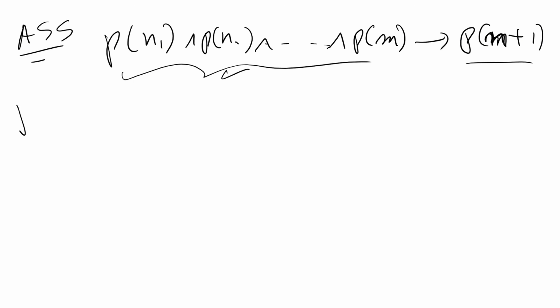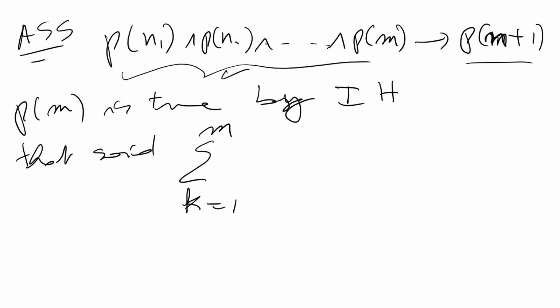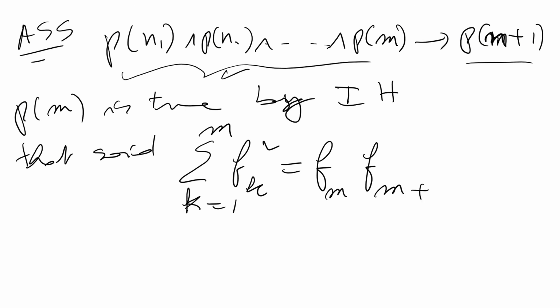So I'm going to assume that p of m is true by the inductive hypothesis. That means we are saying that the summation of k equal to 1 up to m of f k square equals f m times f m plus 1.